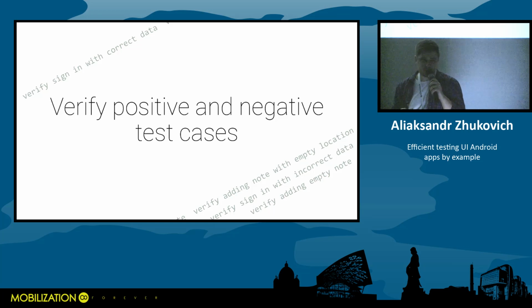It means on the login screen you should verify all cases, positive and negative, because this screen is really important for your application and especially for all users. We'll be pretty sad if your user enters the correct password and correct login and everything is fine, but for some reason he or she logs out and enters an incorrect login name or password and has a crash.